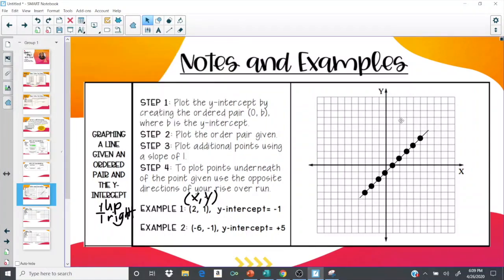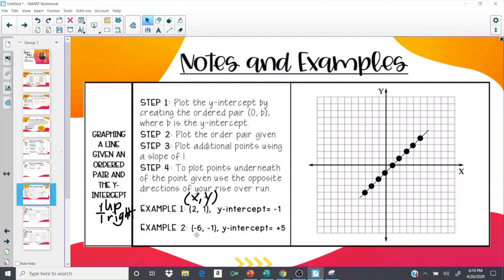Okay. Now you have just graphed a line given an ordered pair and the y-intercept. Now you are going to attempt to do example 2 on your own. Pause the video, try to graph the line given this point and this y-intercept, and then hit play when you're ready to go over it together.